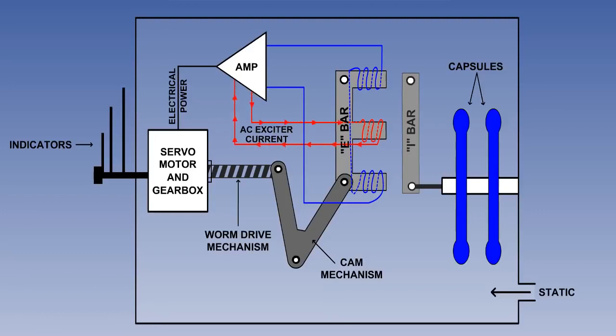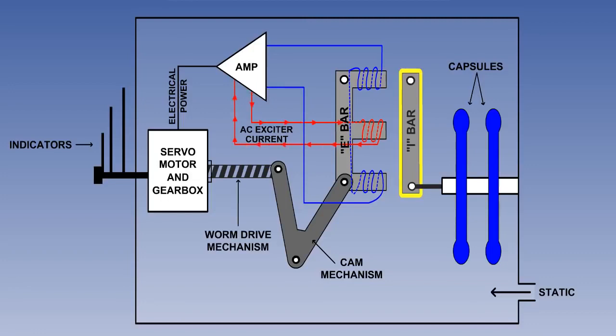Minute movements of the capsules can be sensed by this system, and the movements converted into electrical current by an electromagnetic pick-off. The electric current generated is amplified and used to drive a servo motor which rotates the pointer.